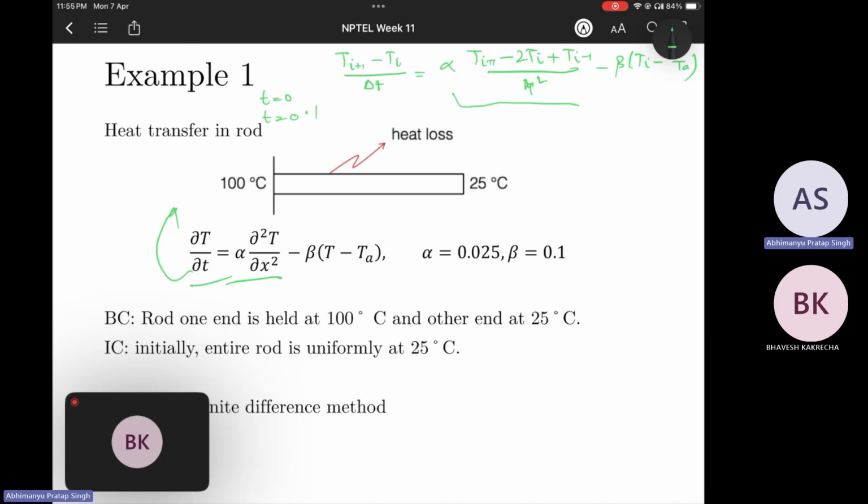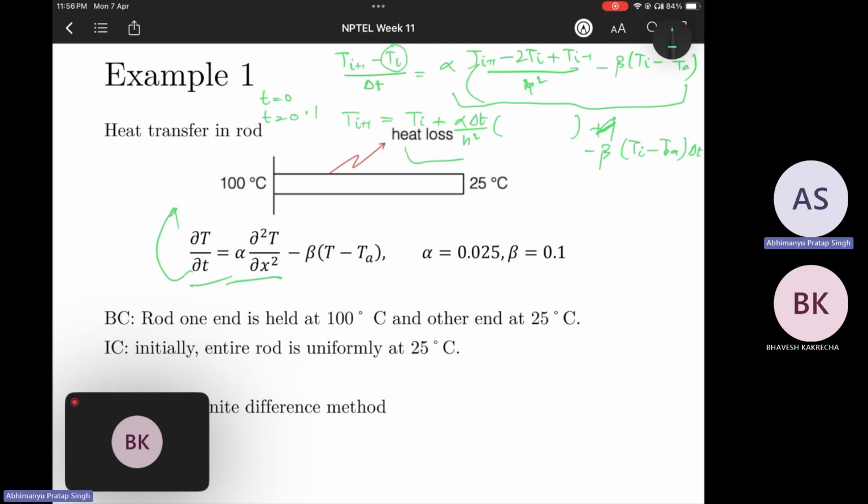So all of these elements and this element, I will be getting something like this: T_i plus alpha delta T upon h square, all of this term over here, minus beta (T_i minus T_a) delta T.